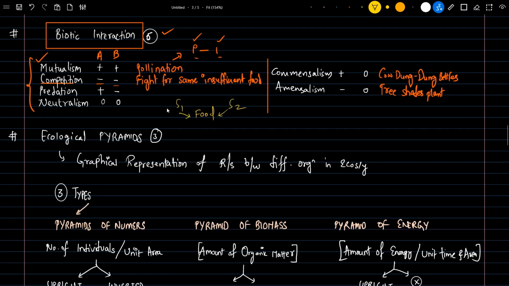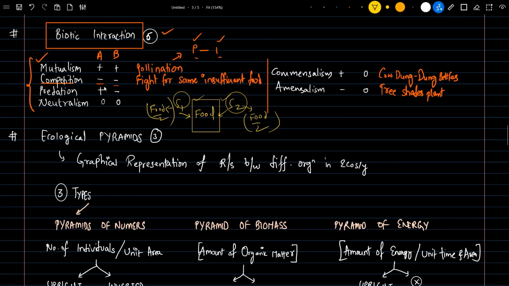But species one will get only food by two, and species two will get only food by two, as both are sharing. But they both need the complete food to survive, and they are getting only food by two. So they are not fulfilling their needs because of sharing. So it is competition.